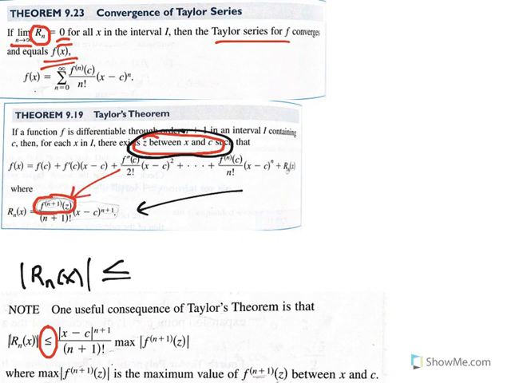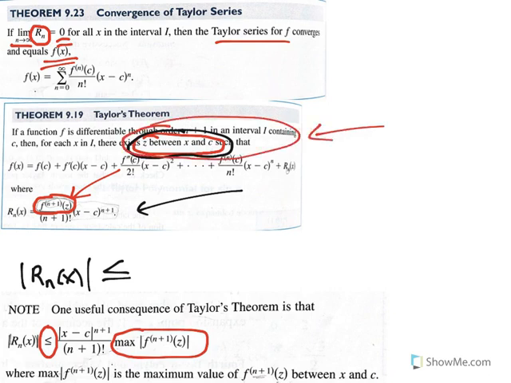So you basically want to find the maximum value of the n plus 1th derivative evaluated at z, where z is between x and c. And you would like to put absolute value on x minus c, and then you have n plus 1 factorial, which is already positive.